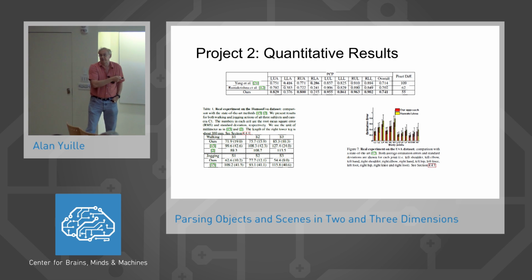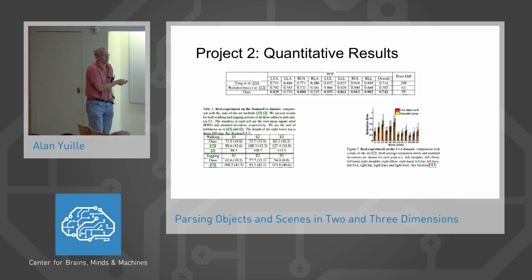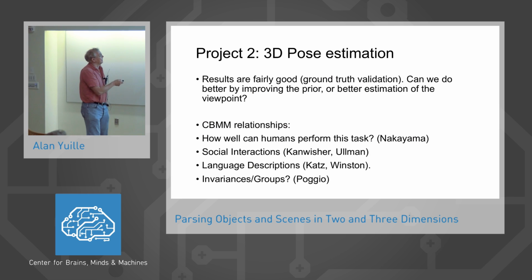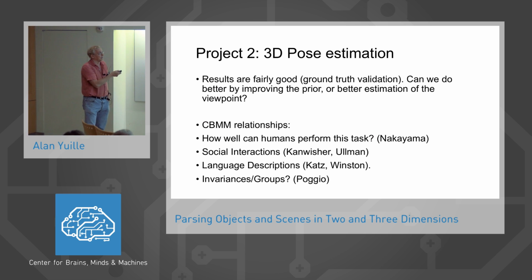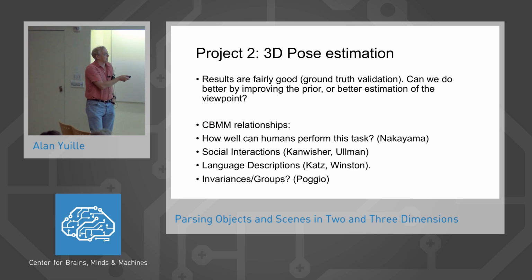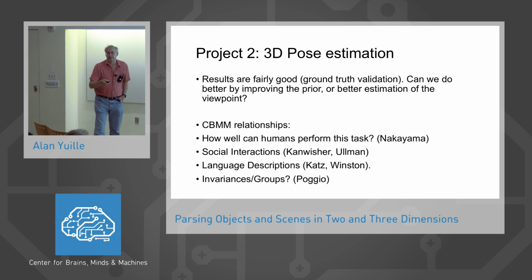But I think for this audience, it may be enough to show you those tables rather than have you look at them in any detail. And the answer is it's working, it's working fairly well. What are the limitations? The results are fairly good compared to the ground truth. Can we do better? I would say the prior that we have for the 3D model is reasonable, but it's not the best.